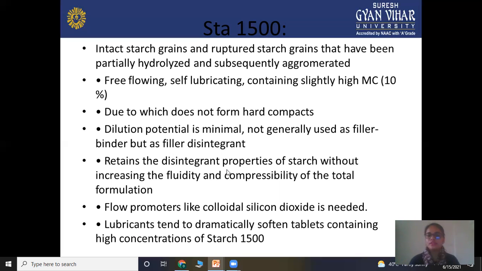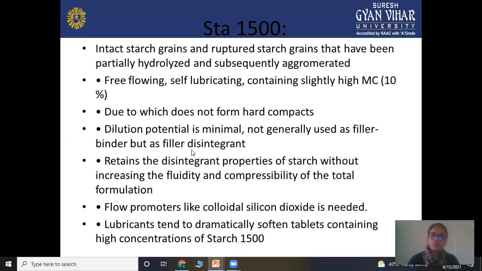Star 1500 is not only used as a disintegrant but also enhances flow property, and the compressibility is also improved by it.